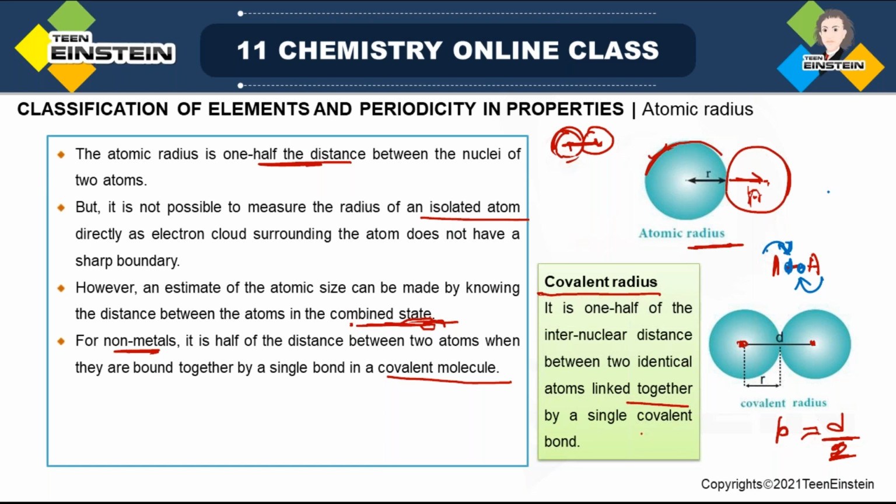And if I'm talking about ionic bond, then one atom is completely giving an electron, and another atom is completely accepting it. So suppose one is A plus, because it has completely given an electron, and the other atom accepted that electron, so it will be negatively charged. Now see, it is not equal sharing, because in the previous case one electron was given by the left hand side atom and another by the right hand side atom.